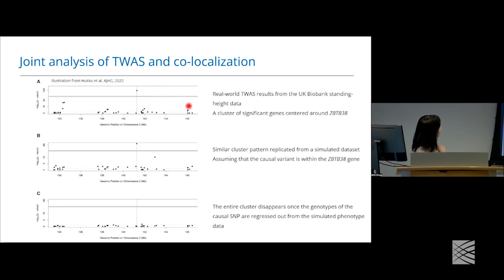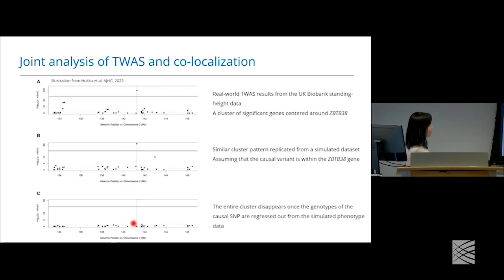In panel B, the authors replicate these similar patterns using a simulated data set, assuming that there is a causal variant within this ZBTB38 gene. When the causal SNP is in this causal gene, other genes are still significant and centered around this top signal.